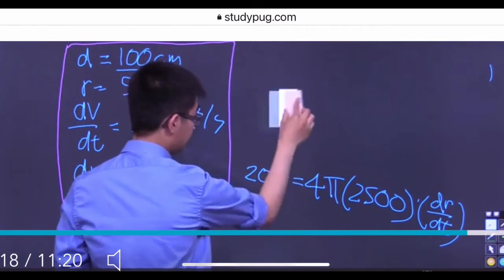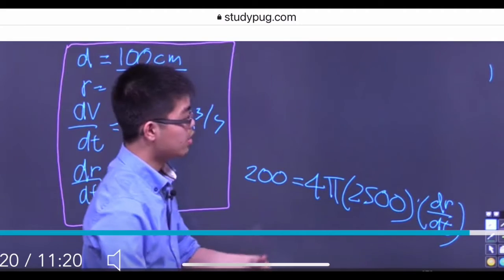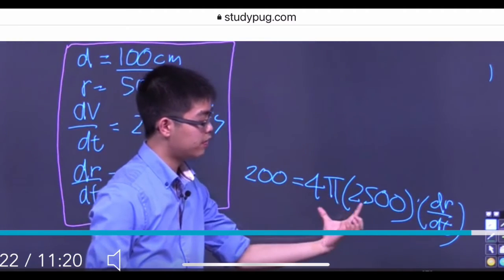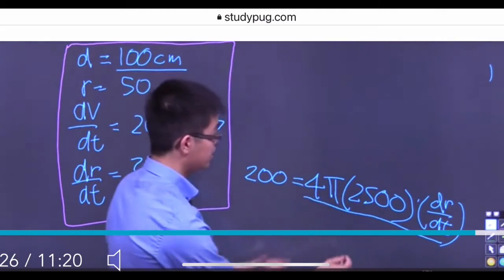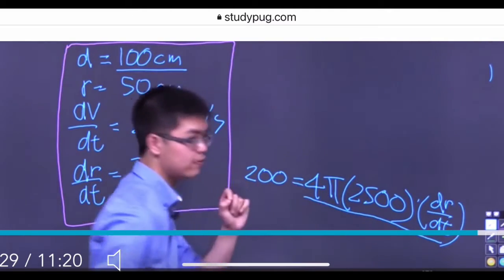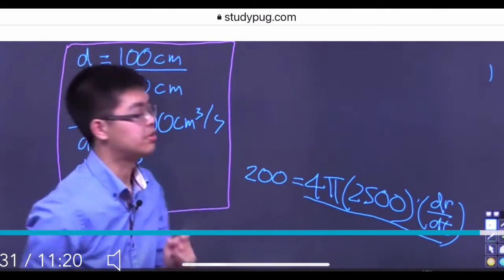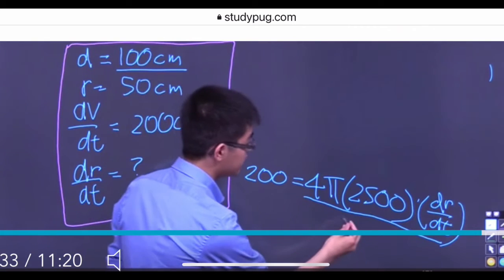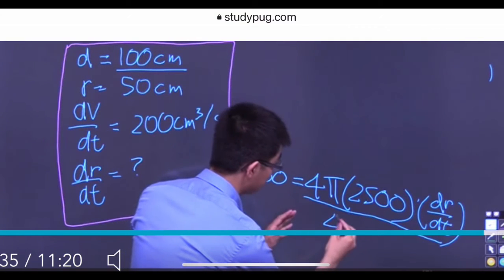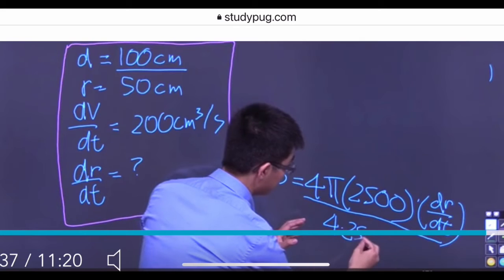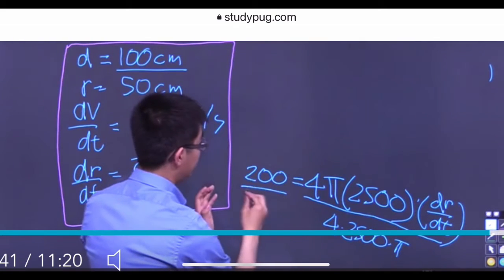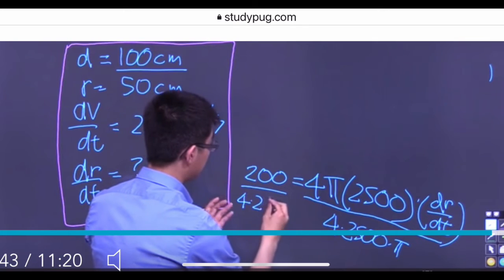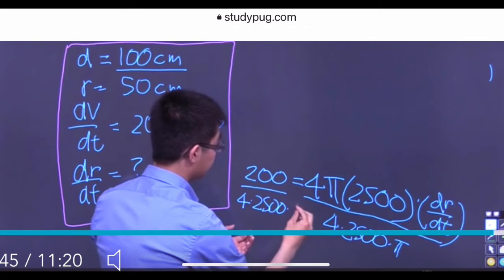And then, now see everything here? I'm just going to divide both sides by this ugly mess. 4 times 2,500 is 10,000. So I'm just going to divide by 10,000 pi, or in this case, 4 times 2,500 times pi, and divide this side by 4 times 2,500 and pi.